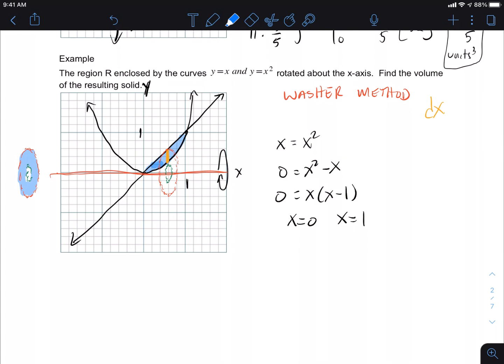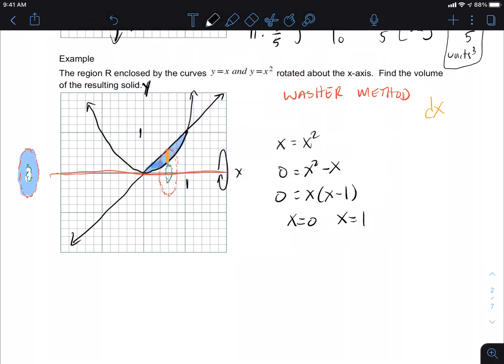Okay? So here's the interesting thing about this. If I wanted to find the area of that washer, wouldn't I need the outer radius minus the inner radius? Right? So what ends up happening is this.